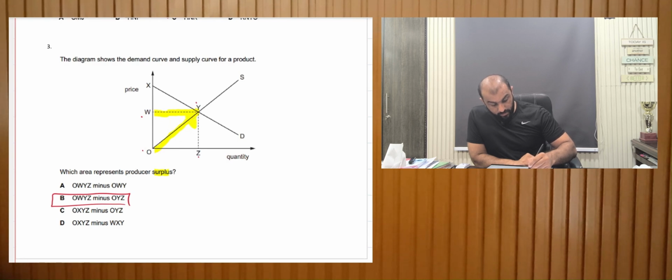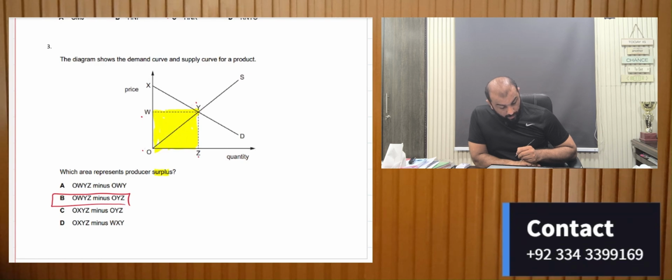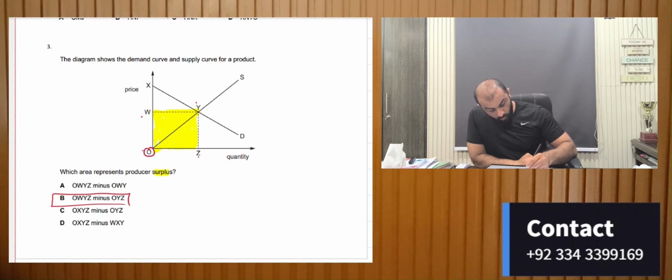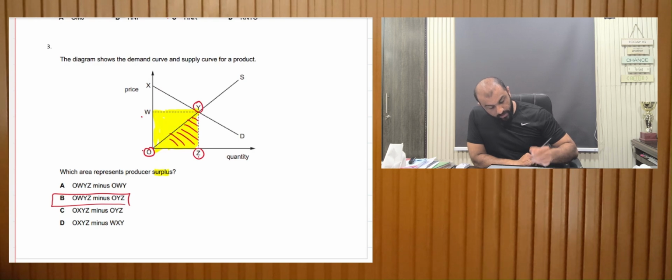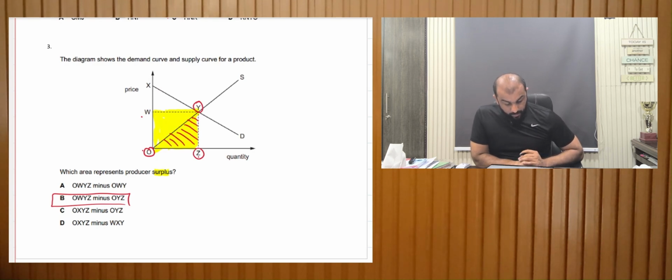I'll just shade this so it's easy for you to understand. This entire area minus OYZ. So if I deduct OYZ, which means this area, the only area that is now remaining is my producer surplus. Well, this is the right answer.